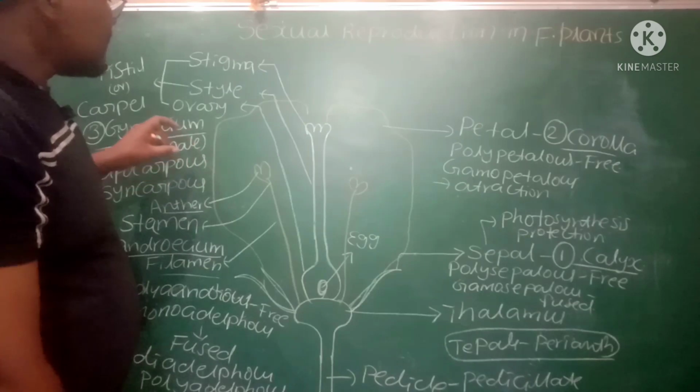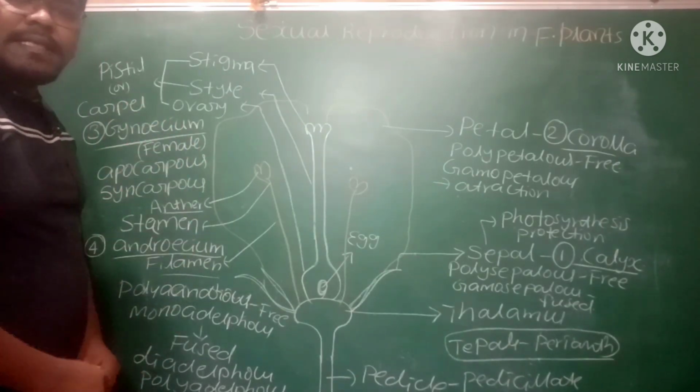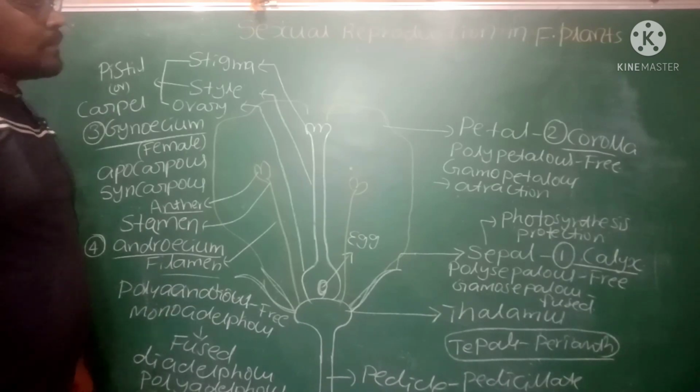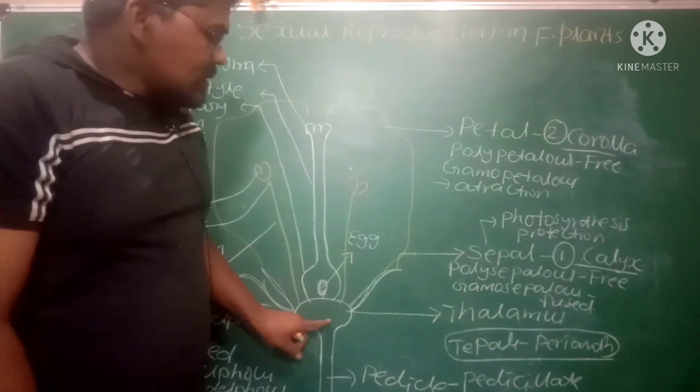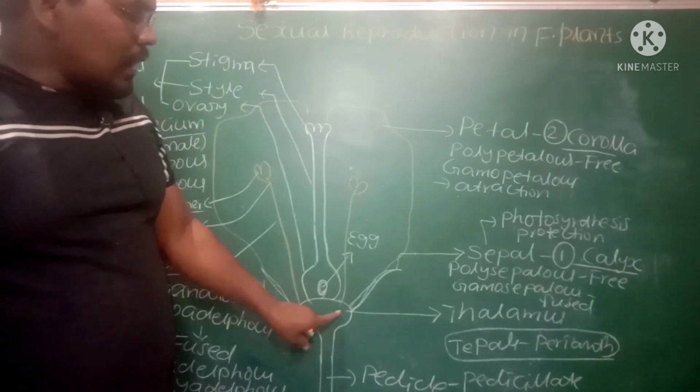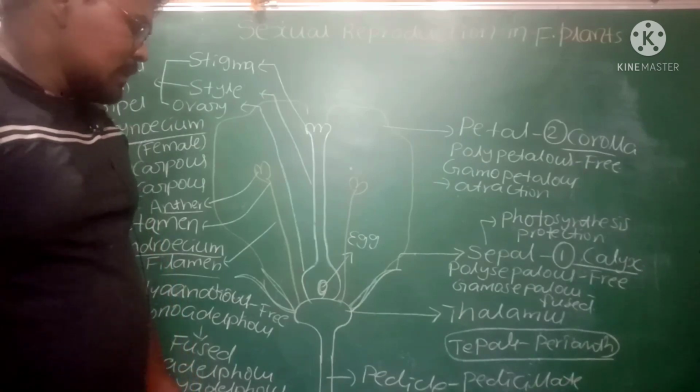Once again, let us revise the complete details of the flower. The flower is a condensed stem. The condensed stem becomes a thalamus. All floral parts are attached on the thalamus.